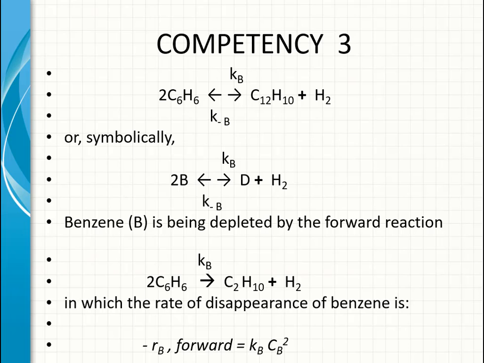So, here we have 2 of benzene will give us 1 of diphenyl plus 1 of hydrogen. We will call the rate constant to the right Kb, and we will call the rate constant to the left K minus B.